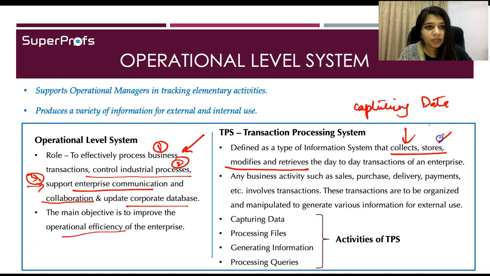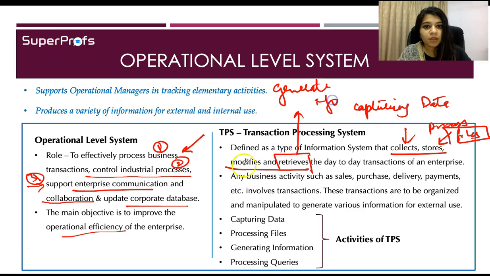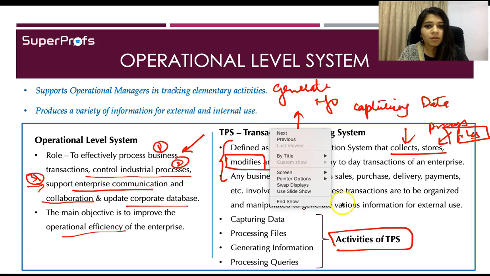If you're storing information, then you have to process it and there has to be a format, so processing files. Retrieval would mean that you need to generate it. And processing queries: if there is a requirement of data, then you need to modify it. So if you remember this definition, then you'll be able to write the different activities of TPS.